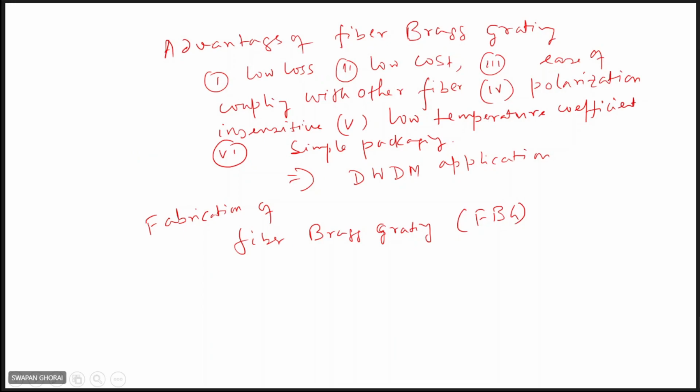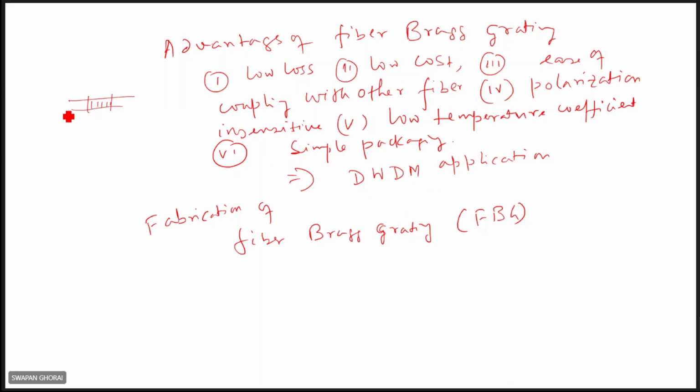But here it's the same as the communication fiber. Within the communication fiber, one portion will be the fiber Bragg grating. So it is the same dimension as the fiber, so compatibility is there. That means very low loss, low cost, and easy coupling with the other fibers because of the same dimension.